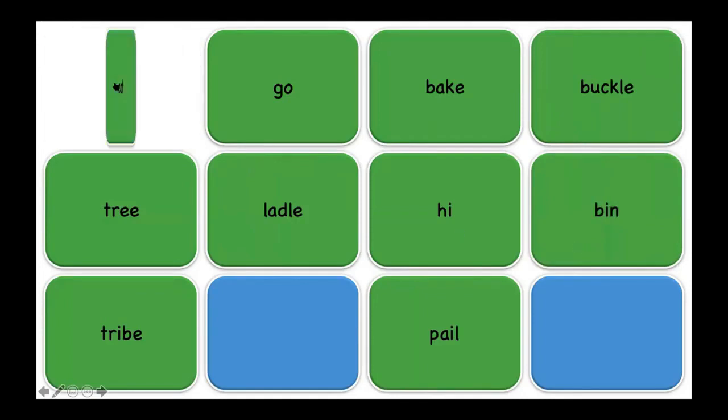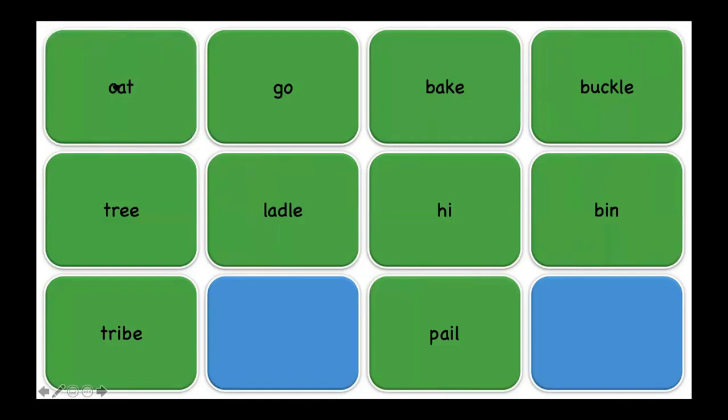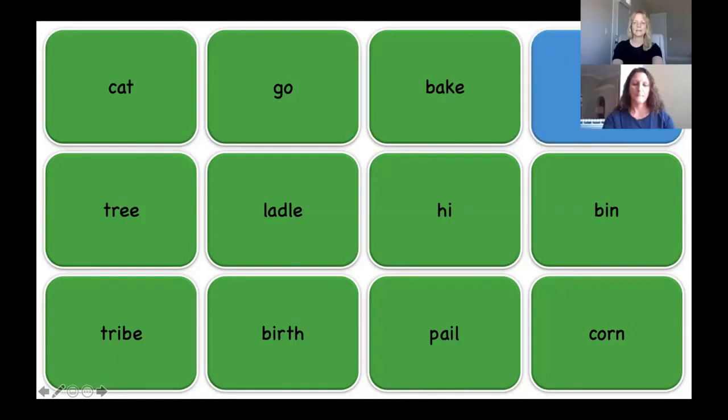Another closed syllable. Cat. Good job. Both. Thank you. And birth. Corn. And why do those two words match, Angela? They're both R-controlled syllable patterns. Good job. Okay, very nice.